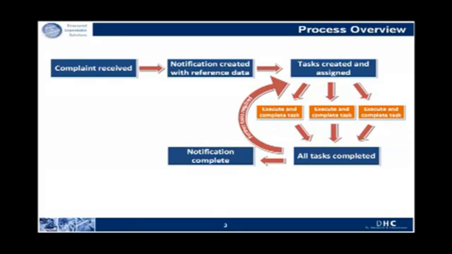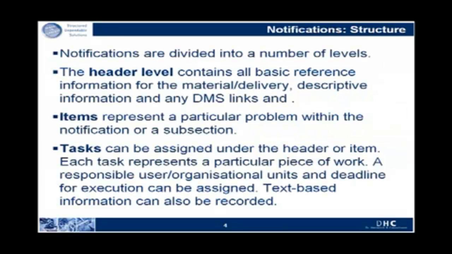If you get to a point upon review for closure that further tasks are required, you can then add further tasks and have those completed. And a task basically is a further breakdown of the whole notification, which will allow particular action to go to a particular person or a group of people, and they can perform that activity.